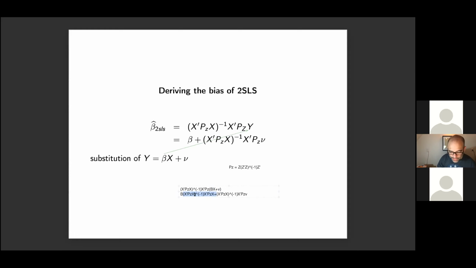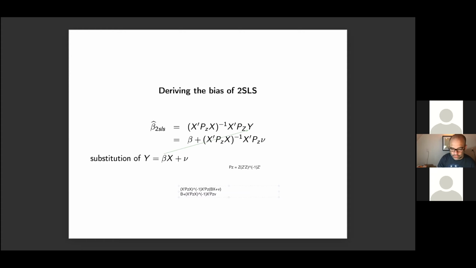X prime PZ X inverse, X prime PZ X, that will cancel out. Let's double check something. That'll cancel out, so this goes away.